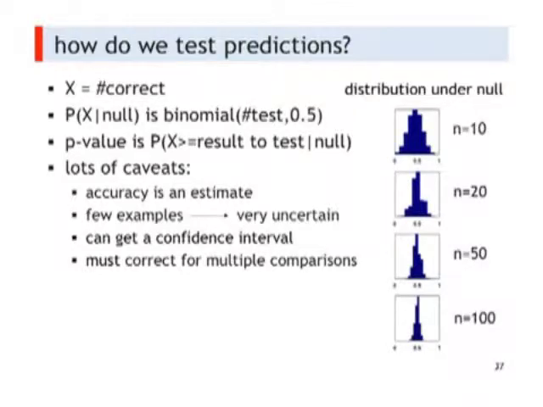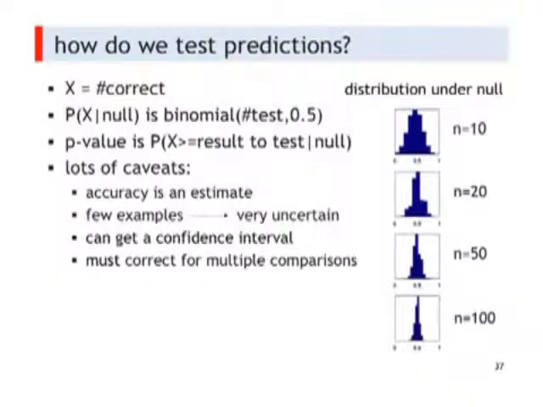And the other thing to keep in mind is that the accuracy we get on a test set is an estimate. So it's saying we have a certain number of test examples, we get this number correct, it could have been more, it could have been less. The thing we're really interested in is how accurate that classifier would be if you had an infinite number of examples, but you don't.